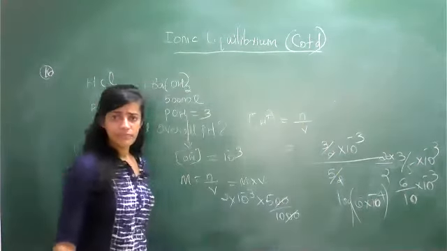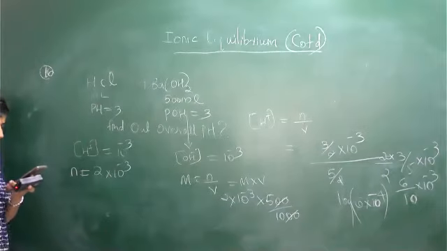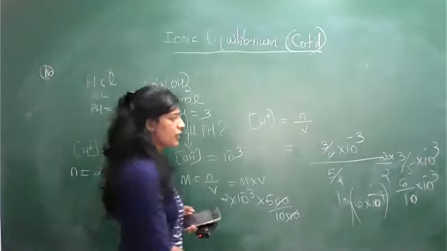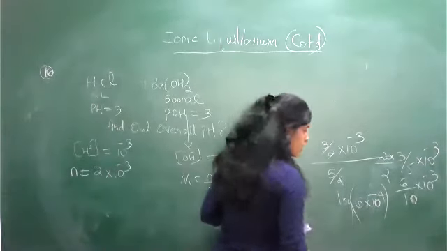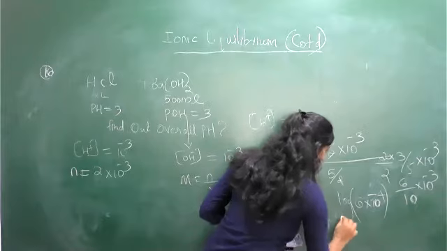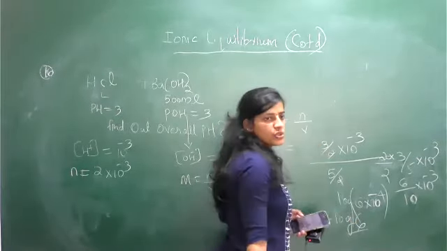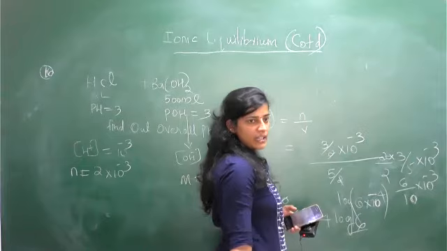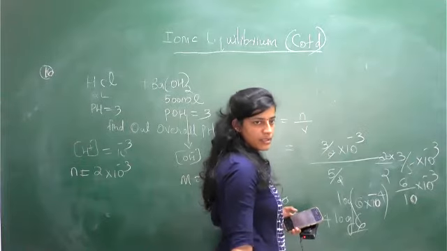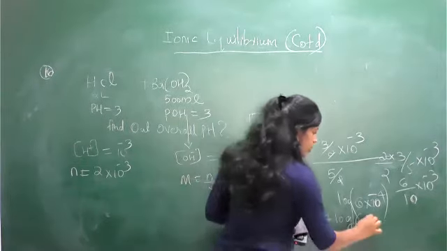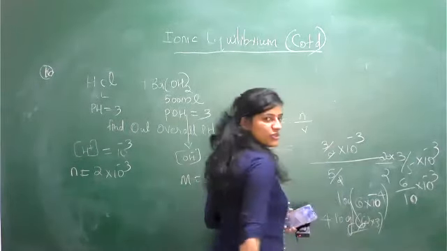Log 6, in the log AB form. So 4 into log 6 form. Again, 2 square, any manner you can do. 2 log 2 into 3 form.